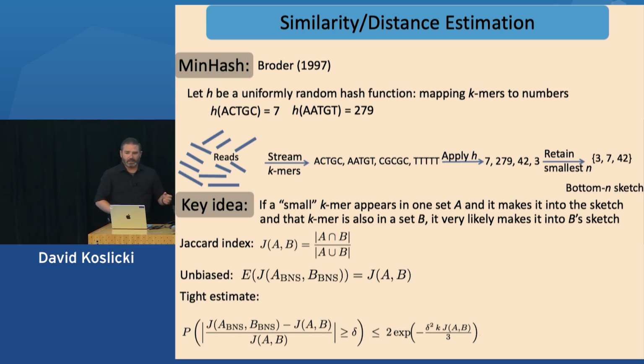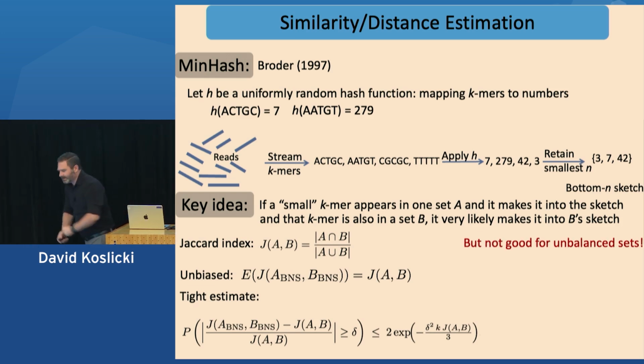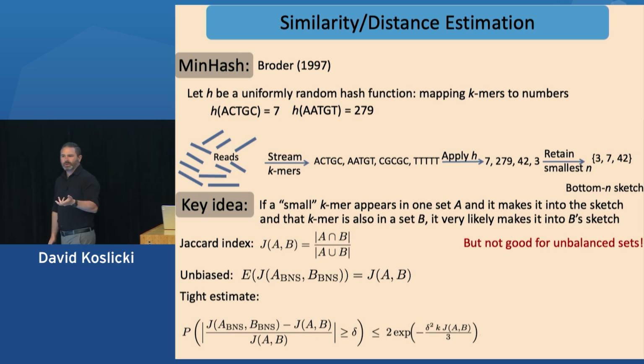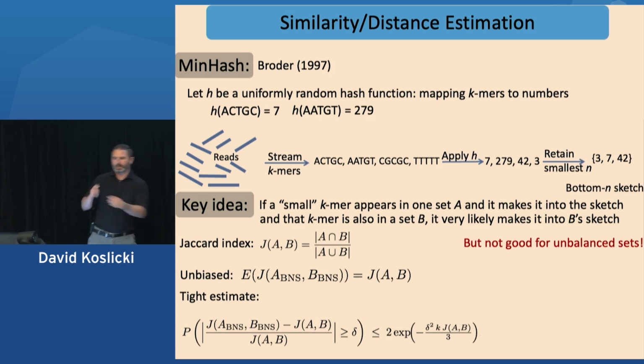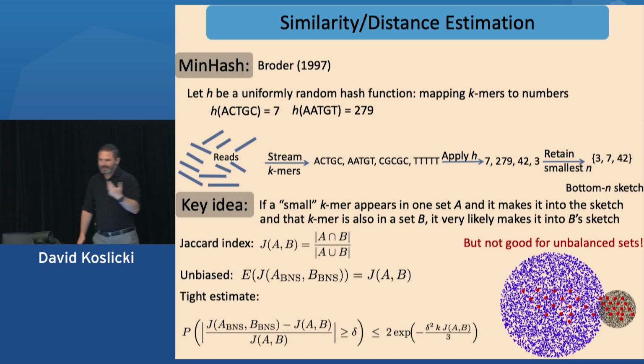It's been applied in things like MASH, MashMap, etc. But unfortunately, it's not so good for sets of unbalanced size. For example, if you have on one side a big metagenome, and on the other side a little viral genome, let's think about what happens.